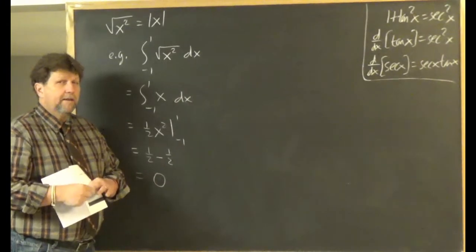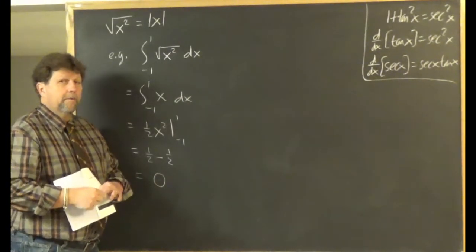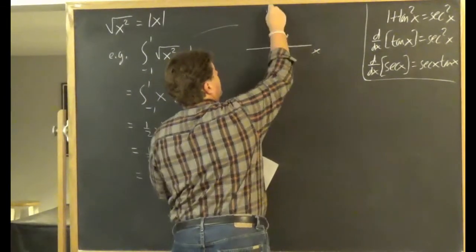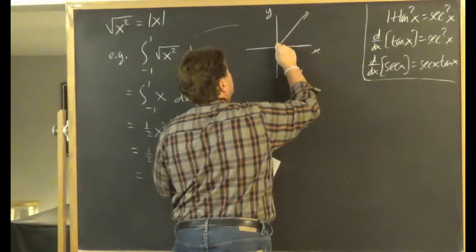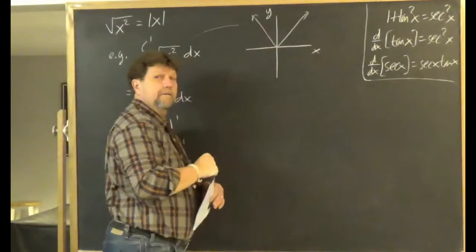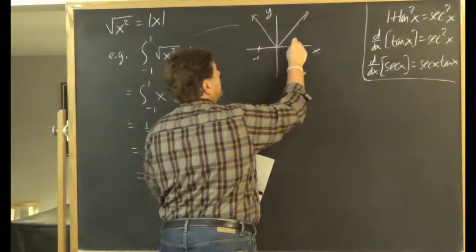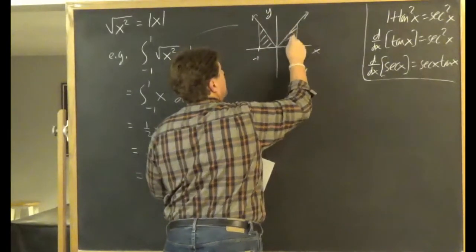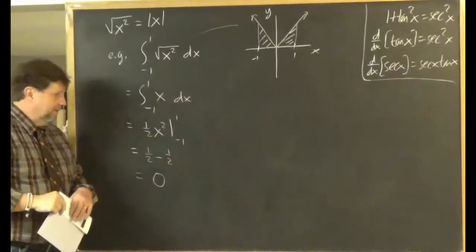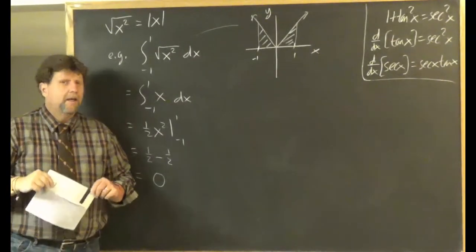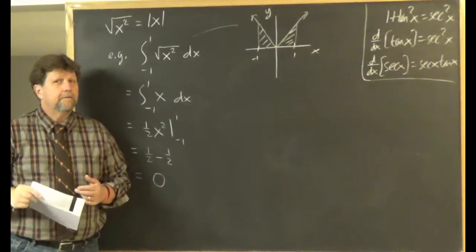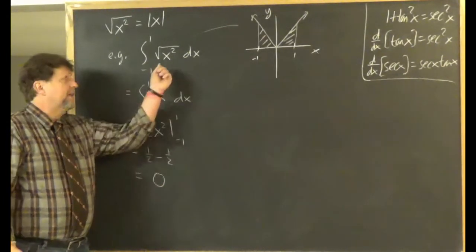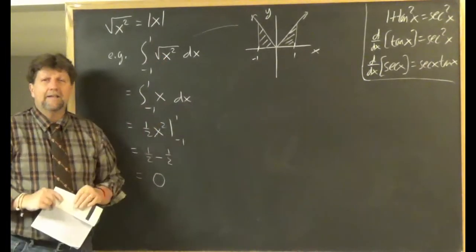Because if you look at the graph of square root of x squared, it would have a graph that looks something like that. Clearly, the area of that shaded region is not 0. So you end up at the wrong spot if you say square root of x squared is x.